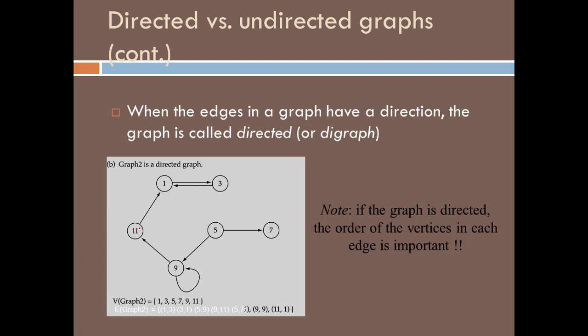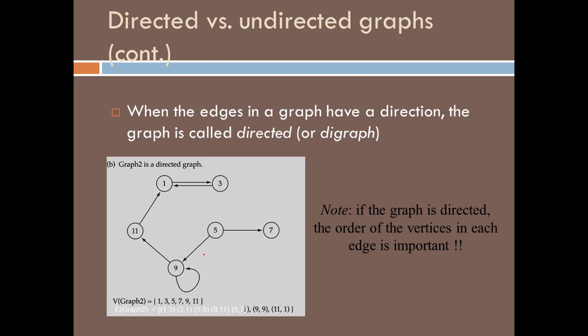But if we look at this point 11 to 1, there is one direction from 11 to 1, so the tuple will be 11 comma 1, but the reverse will not be applicable in this case. So 1 comma 11 is not applicable. Similarly, if we look at 9, the tuples at 9 will be 9 comma 11 and 9 comma 9, because we have an edge from 9 to 9.